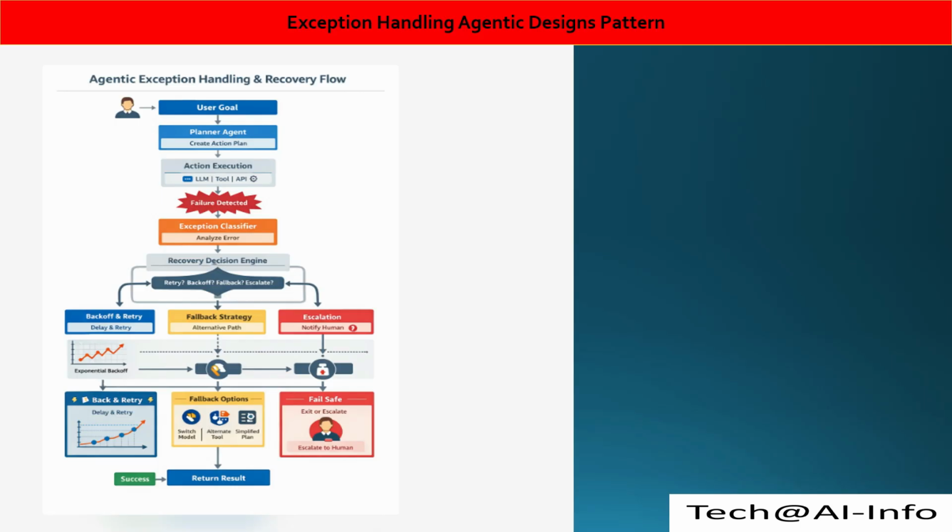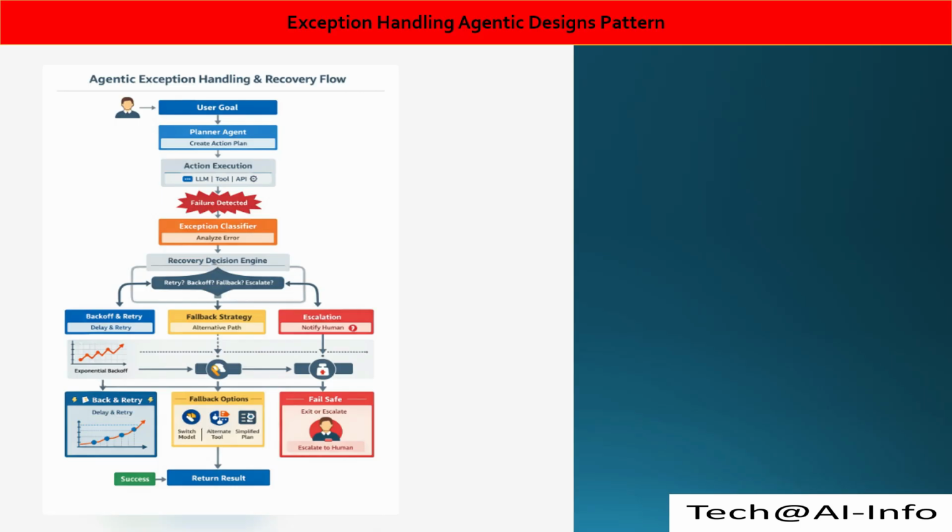plan, then act, then fail. Then after fail, it is classify, then decide, then retry, backoff, fallback, then stop. So this is the minimal architecture for production-grade agentic AI.